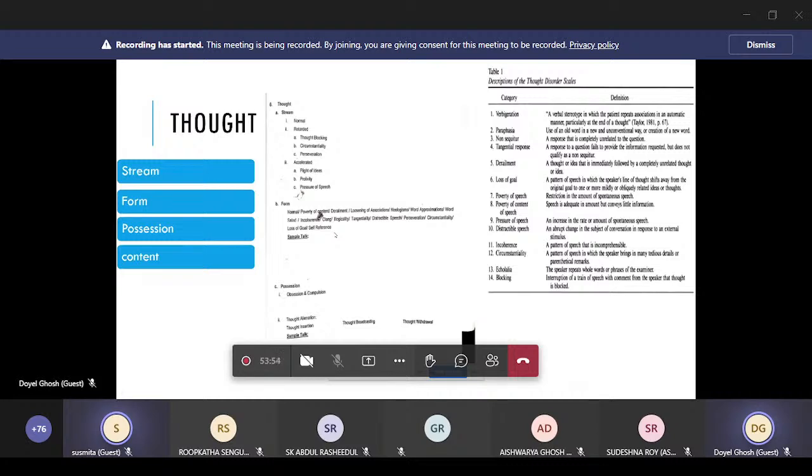Word approximation is like you are again beating around the bush, not around the bush, around the word. You're not telling the exact word, but something related to it. Say again laptop, maybe something related to it is there.